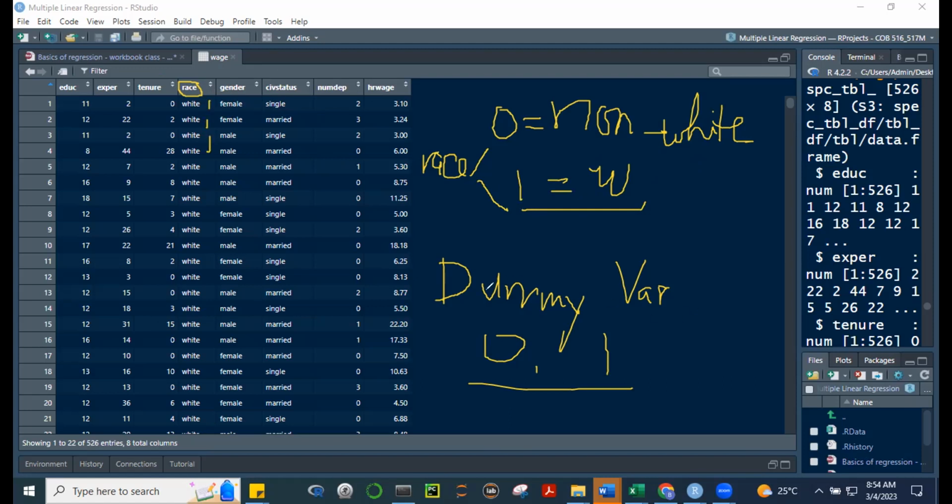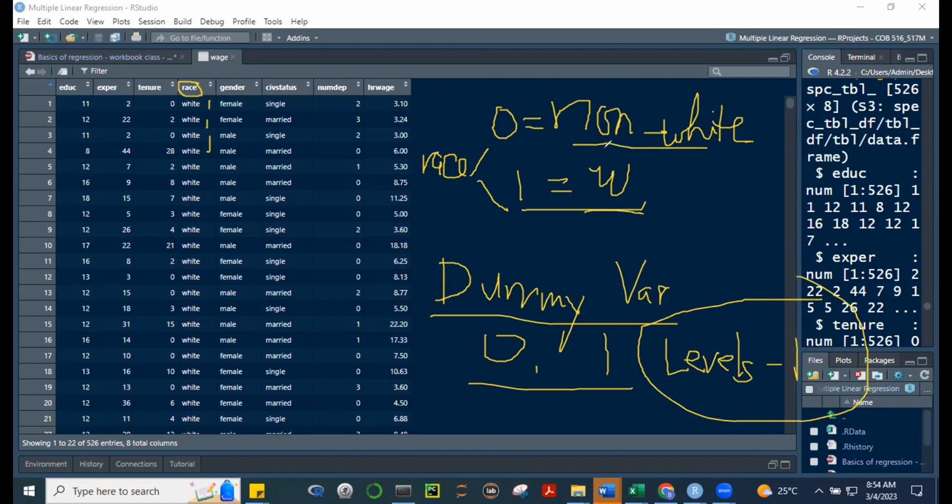What's the rule? How many dummy variables will be introduced? The number of dummy variables is equal to the number of levels minus 1. For example, in race, we have non-white and white, so we have 2 levels. The number of dummy variables is 2 minus 1, therefore only 1 dummy variable. That's why we only saw race white.